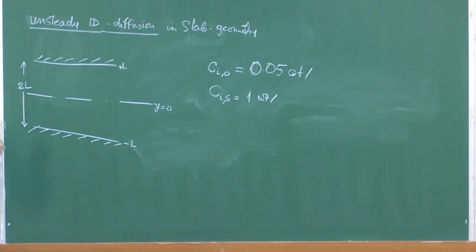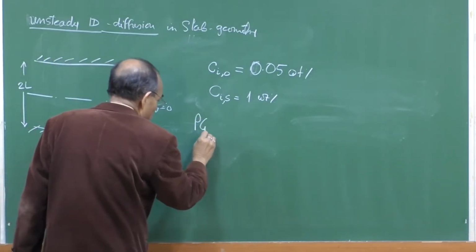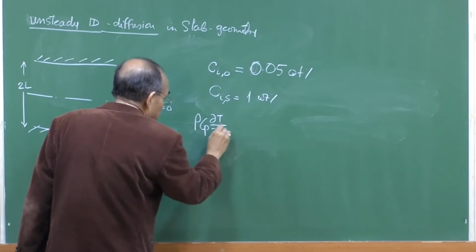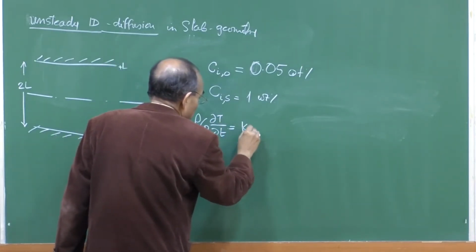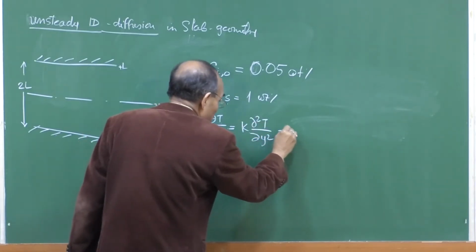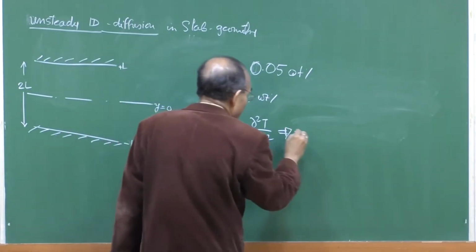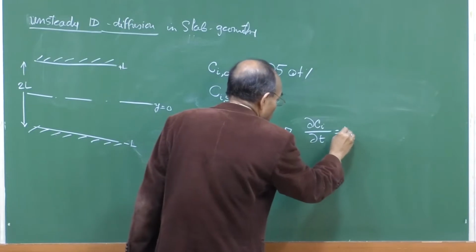So, the mathematical description of the problem is like rho Cp dT/dt equals K d squared T by dy squared, this is the heat transfer equation, and in this particular case we will have the concentration of I and the diffusion coefficient.